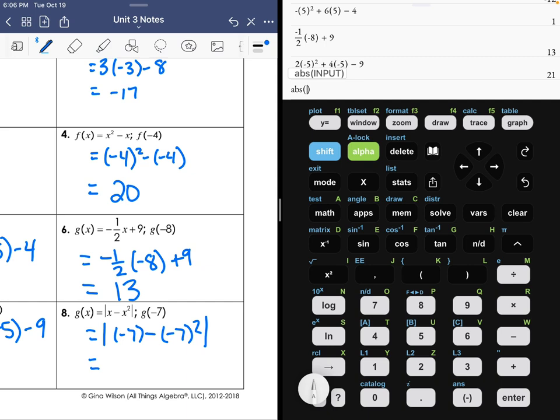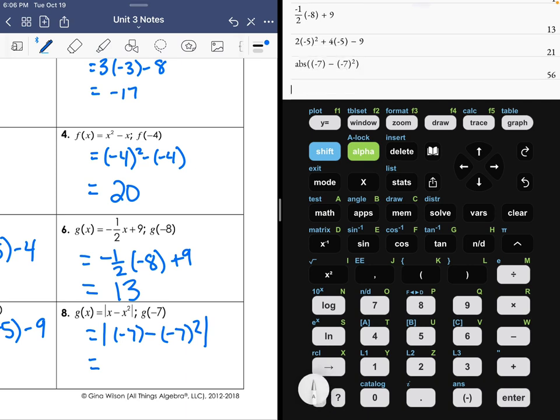So in there, I'm going to have another set of parentheses for my -7 minus another set of parentheses for my -7 and then my square. Now I'm done. So you can see that that matches what's on the inside of my absolute value bars, and those parentheses are acting like my absolute value bars.